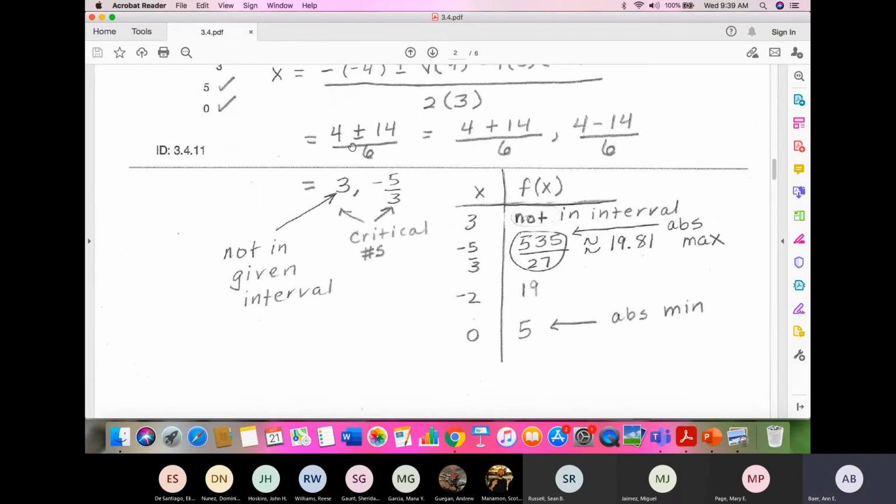So it's very important. What I would suggest that you do is get your graphing calculator and go into y1, go into y equals, and put in our function here.